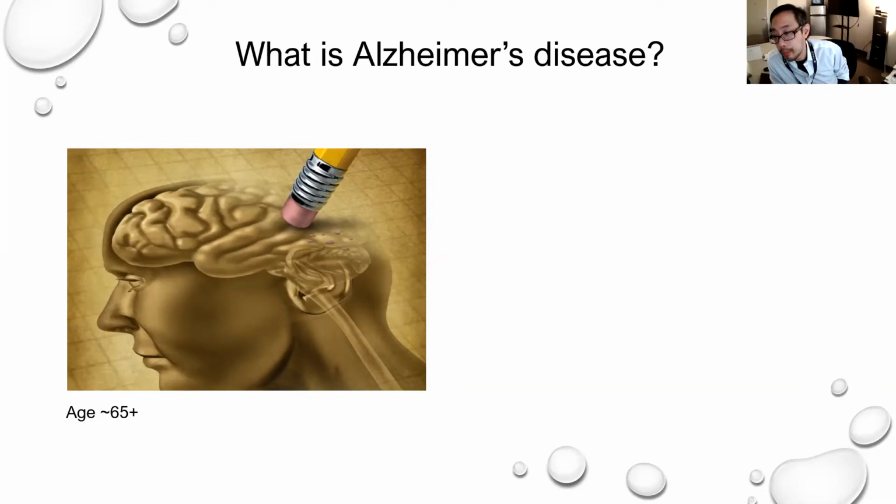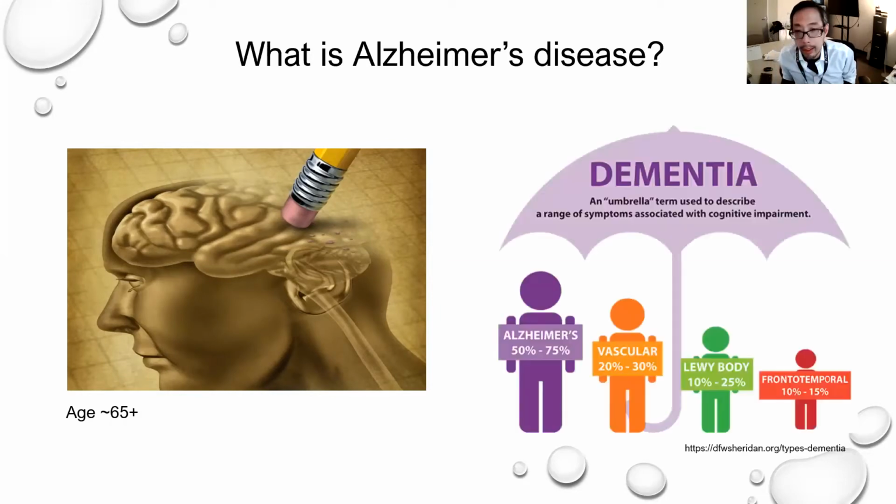And Alzheimer's is the most common cause of dementia in adults. Dementia is a bunch of disorders that result from either injury or damaging factors that impair brain function. Alzheimer's is one of these dementia disorders that takes the biggest piece of the pie.